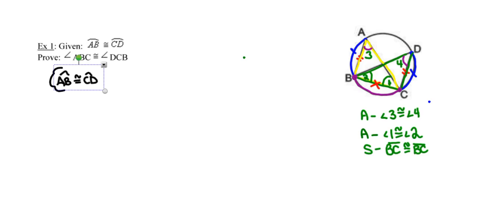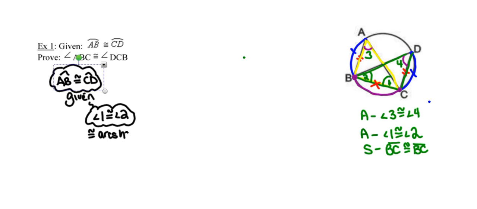And as a result of those blue arcs being congruent, I know that angle 1 is congruent to angle 2. And the reason for that is those congruent arcs have congruent inscribed angles. And it's important that you use the vocabulary here.